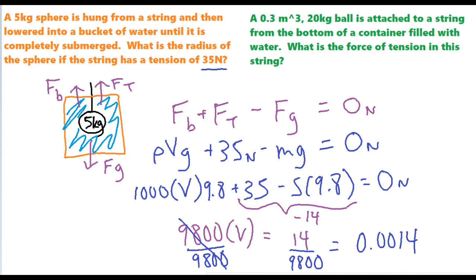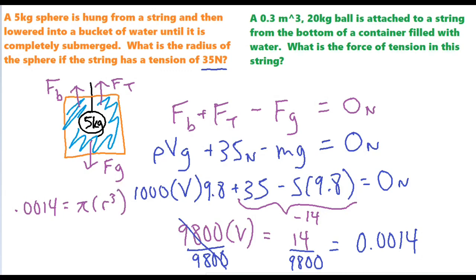So what we can do is we can take 0.0014 and then set that equal to the volume of a sphere. So we have 0.0014 equal to 4/3 pi r cubed, the volume of a sphere.